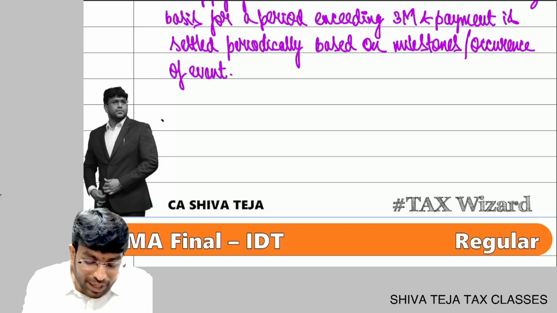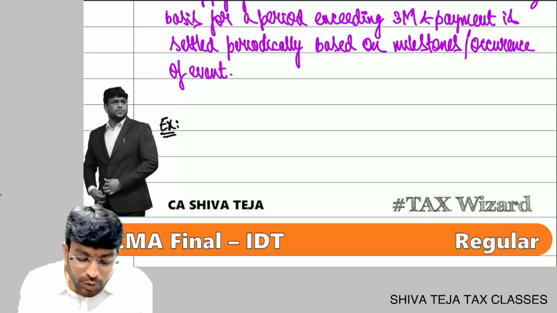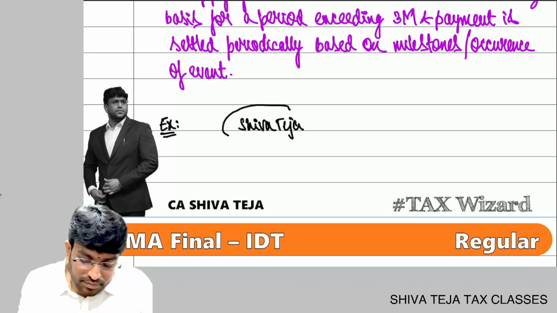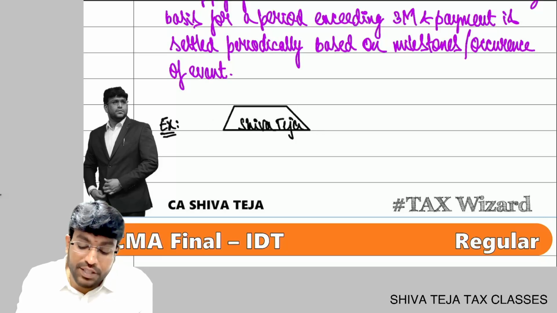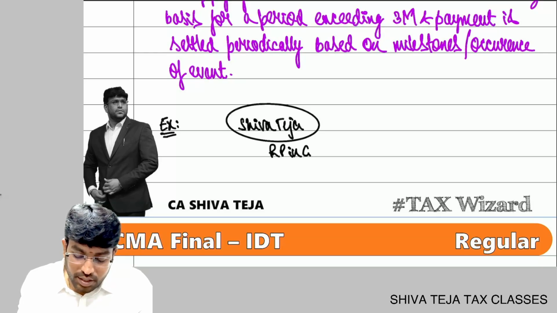Now I'll give my own example very clearly. I will feel sad, but still I'll give the example. You will realize why Shiva Teja is feeling sad while giving this example. It is a practical example which we see regularly. Shiva Teja, registered person in GST.